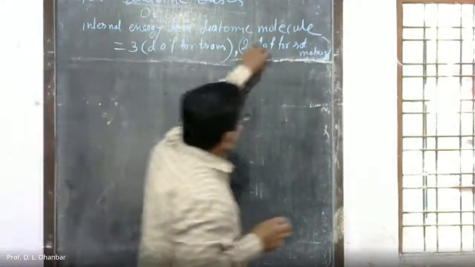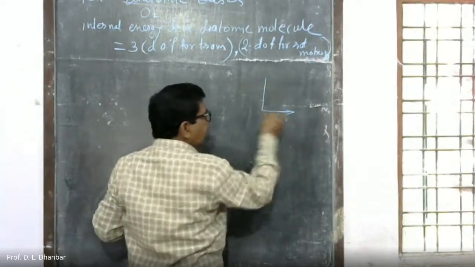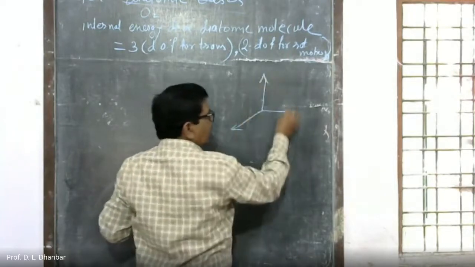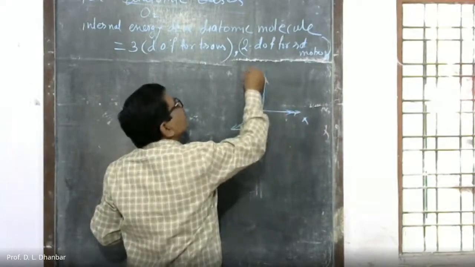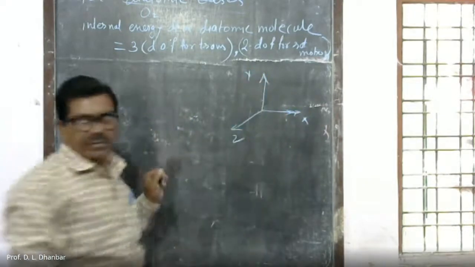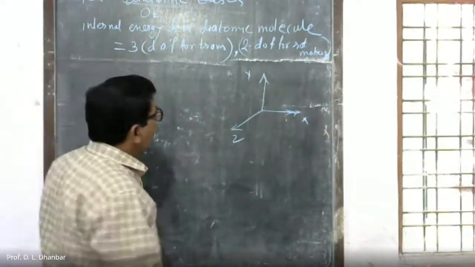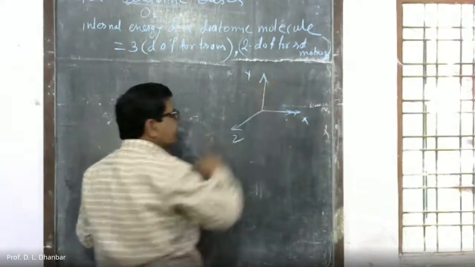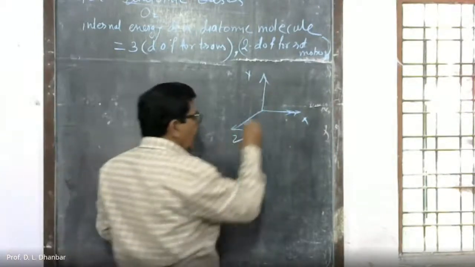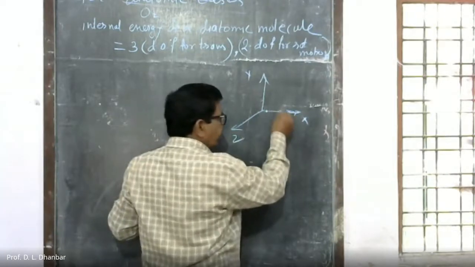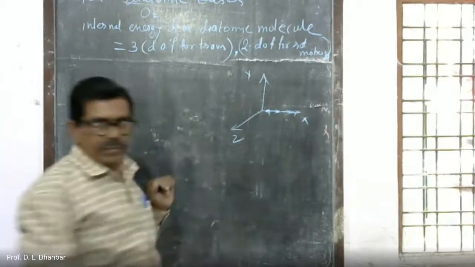Then what about rotational motion? Here, suppose we have 3 axes: x-axis, y-axis and z-axis. As there are two atoms, these are the 2 atoms of oxygen.